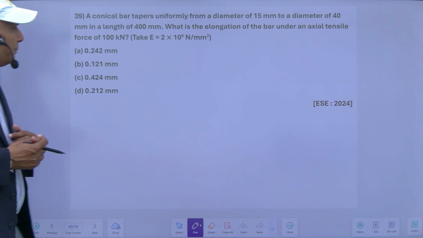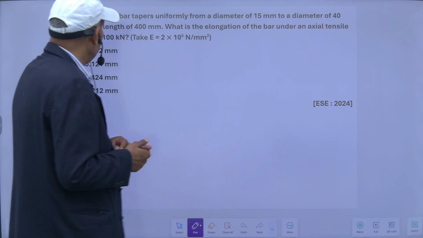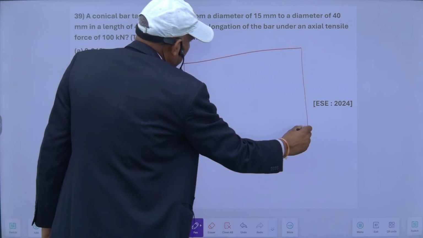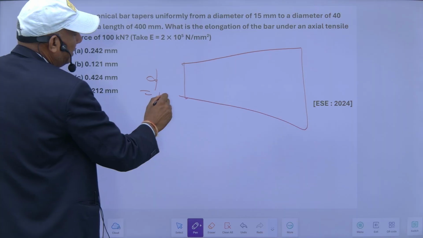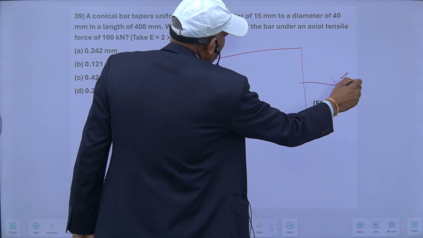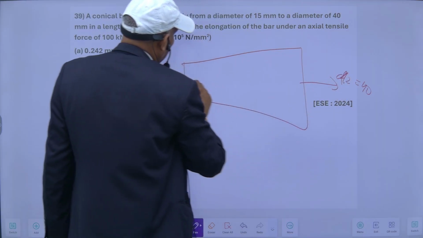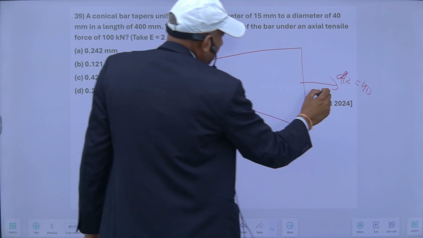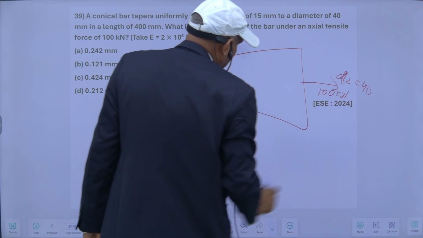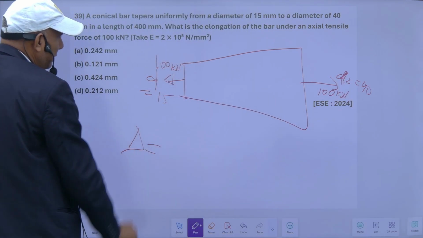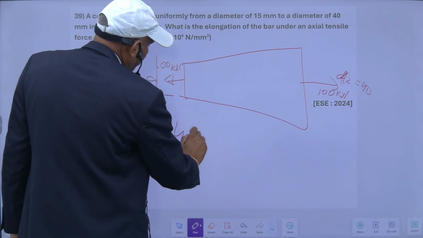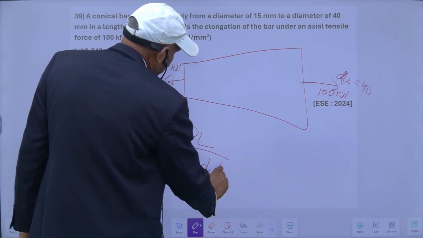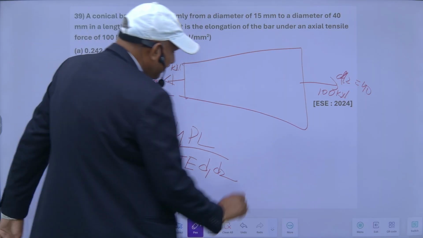A conical bar tapers uniformly from a diameter of this to this one in a length of this. What is the elongation? As we know, this is D1 15 mm, this is D2 40 mm, and the load is 100 kilonewton. So the formula, in case of a uniformly tapering bar, total elongation is 4PL upon pi E D1 D2.